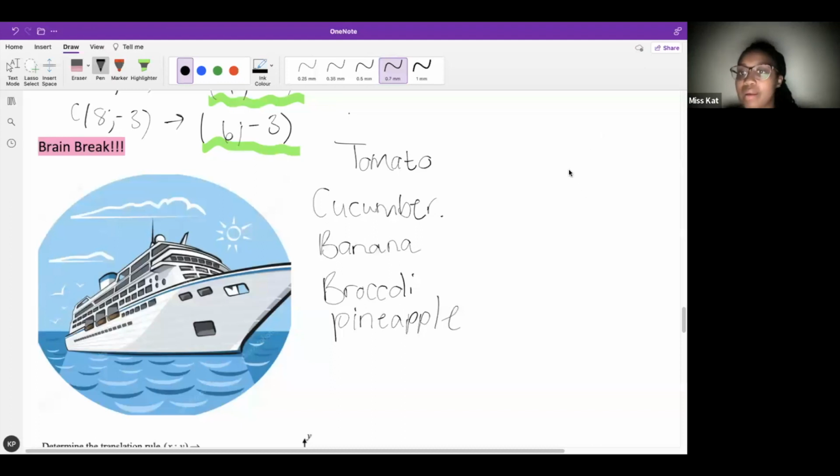Pineapple, I already have that. Cheese is staying. Radish is staying. Baboon is staying. You guys are copying each other. Zucchini going. Juice, papaya going. Eggplant is staying. Brother is staying.